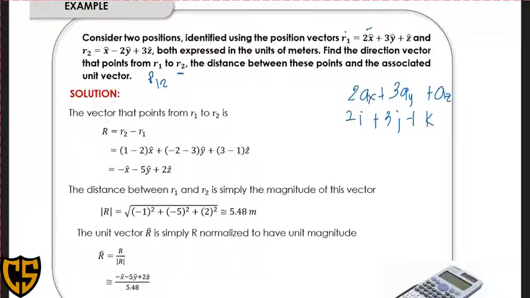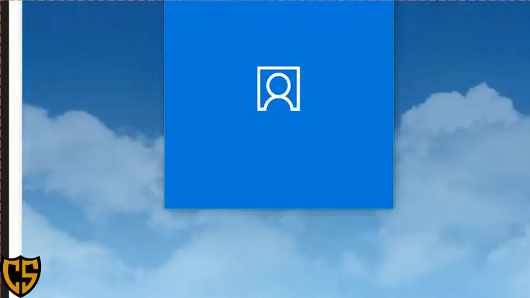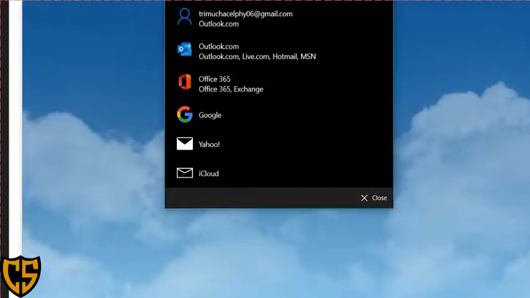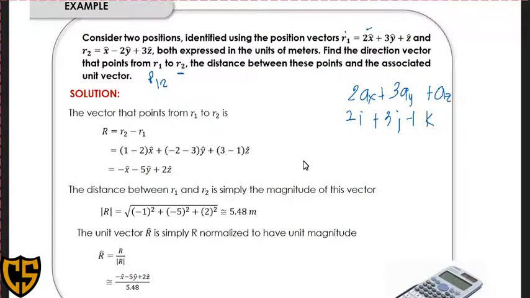So, let's start with the vector that points from R1 to R2. We first compute R2 minus R1.